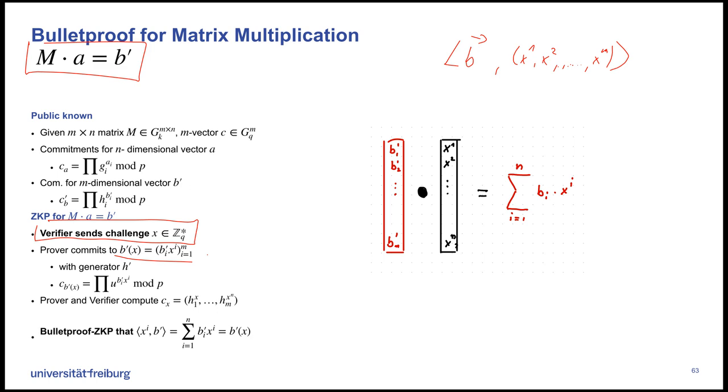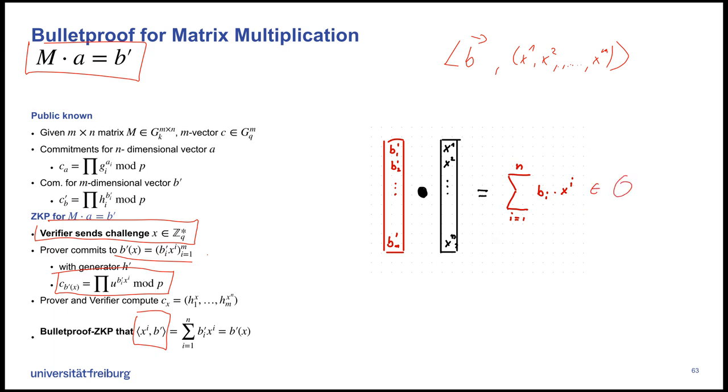And so we get this is the new commitment. And this can be done by a bulletproof of a dot product, something we have seen. So this takes log n time just to verify this value, which is just a single value.